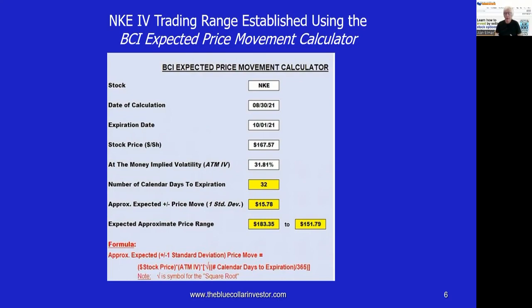So if you just write it down and then use your calculator, you will come up with a number that will tell you how far above the current market value and below the market value that stock is expected to move in this specific time frame to contract expiration with an accuracy of 84%.